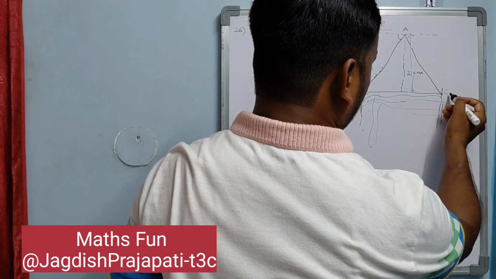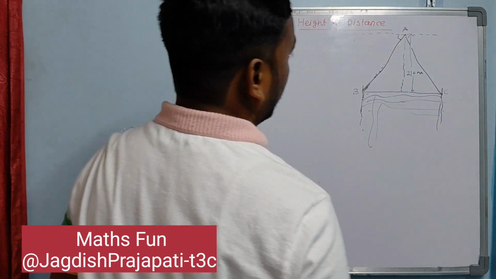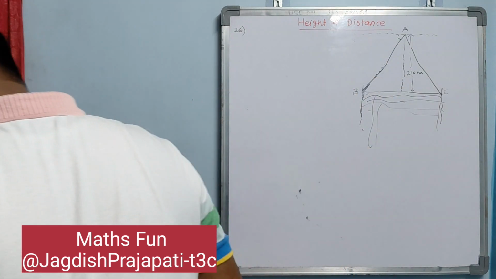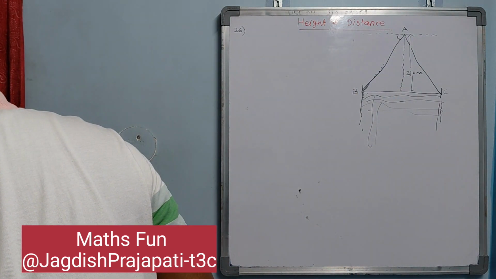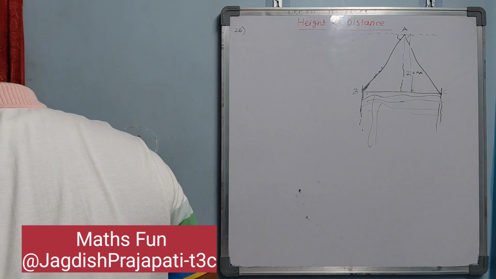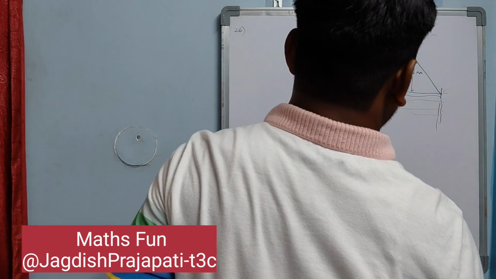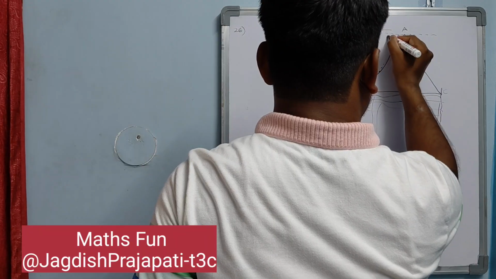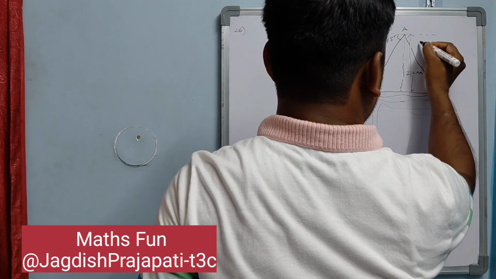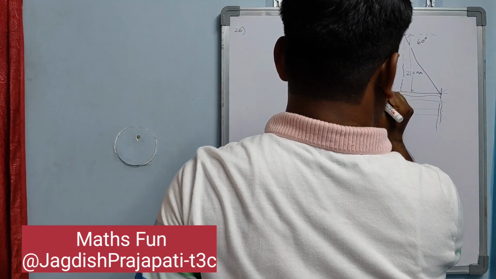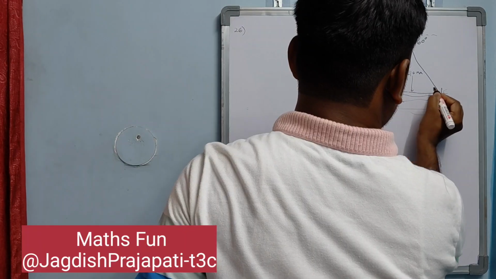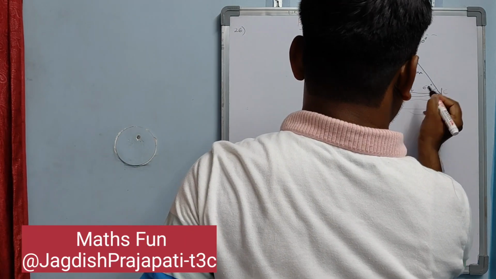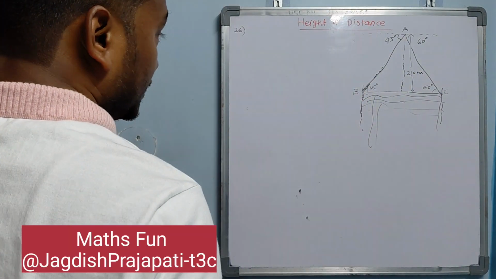So we have to find out the BC, and the angle of depression is given, 45 degree and 60 degree. So this will be 45 degree and this will be 60 degree.